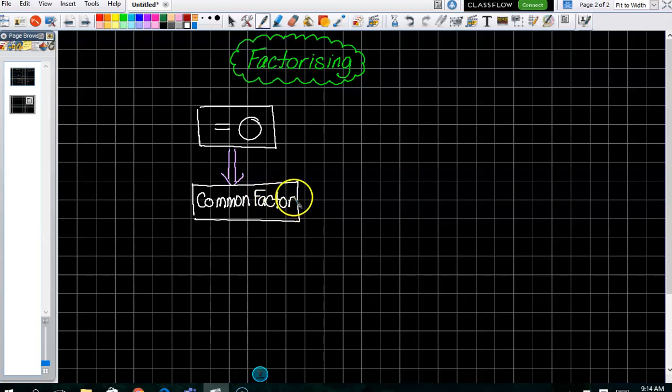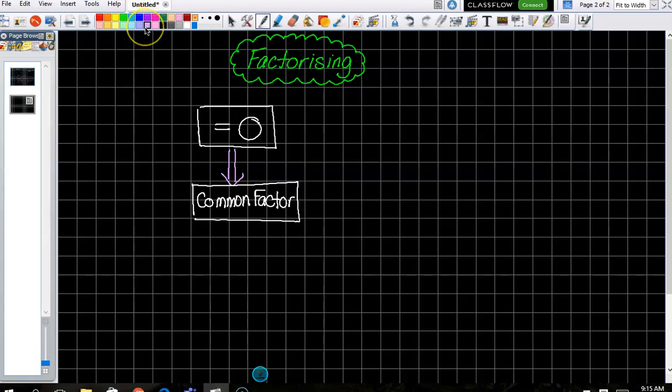When you don't pull out the common factor, that's what sometimes makes a very simple problem quite difficult. So the first thing, well, second thing technically, make it all equal to 0. Second thing, is there a common factor? If there is, obviously pull it out.